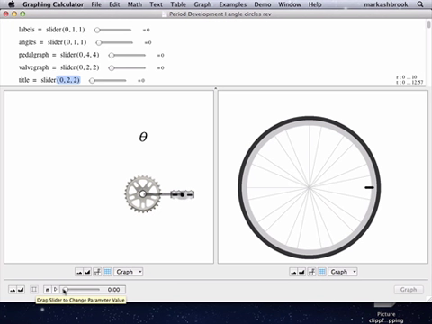Okay, so this is the setup on page 288 in your workbook.